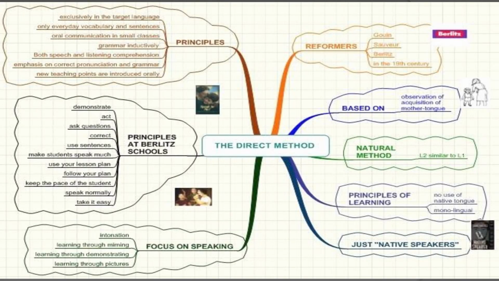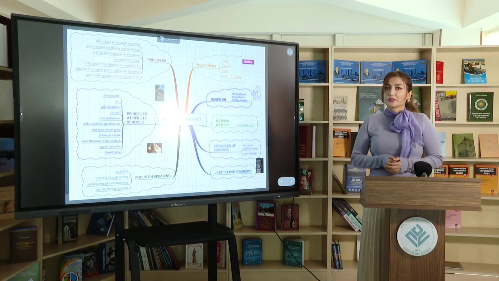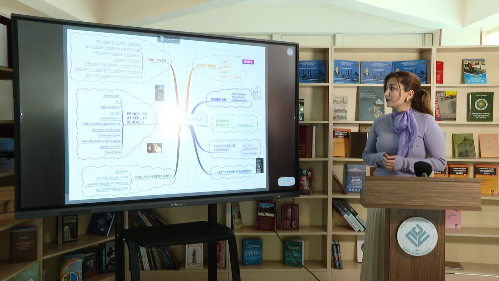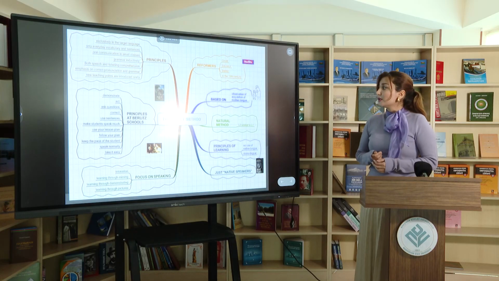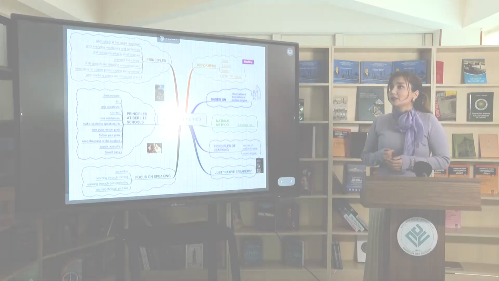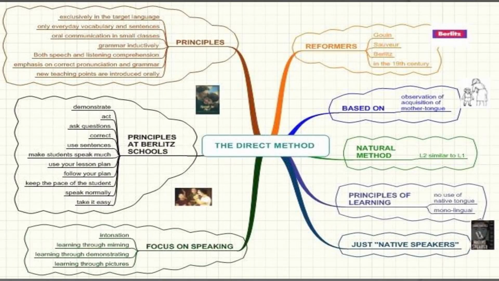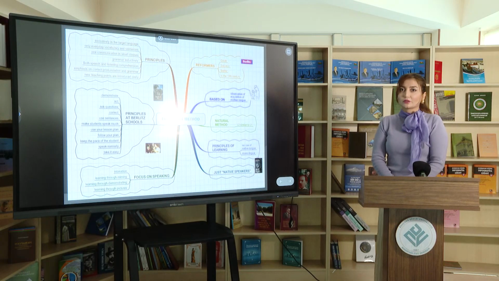In response to the grammar translation method, the pioneers of the direct method aimed to create a method which was based on speaking and listening skills. Its pioneers were Maximilian Berlitz and Francois Gouin.